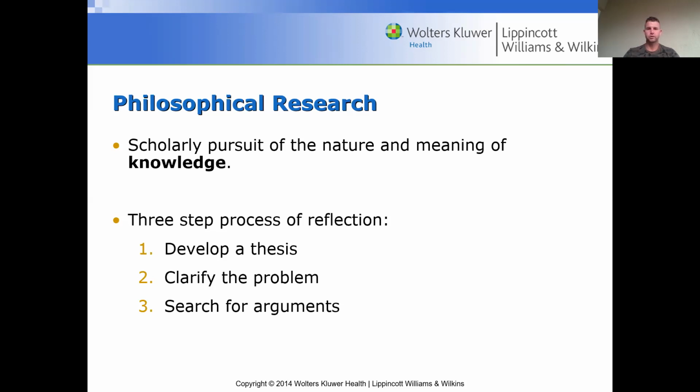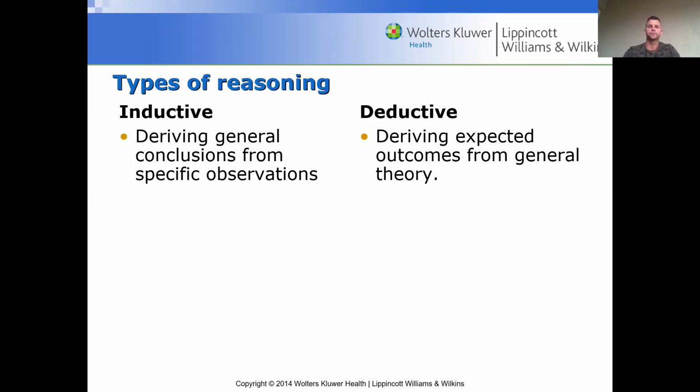You have a thesis, you have a problem, and you want to search for all arguments within that. It's kind of the same thing we do when we present a problem or research question and come up with a hypothesis. It's along those same lines.